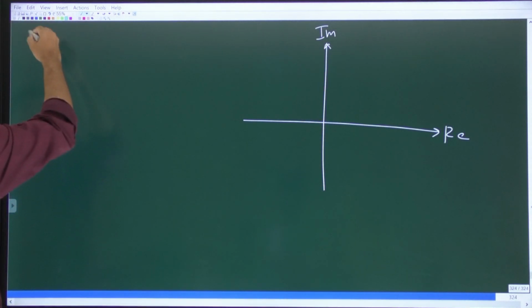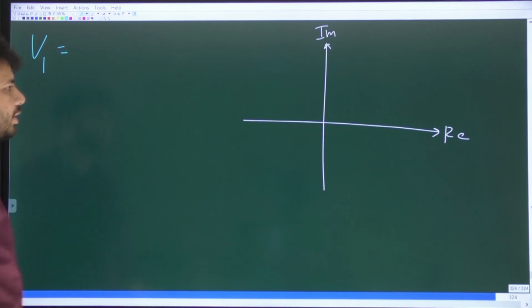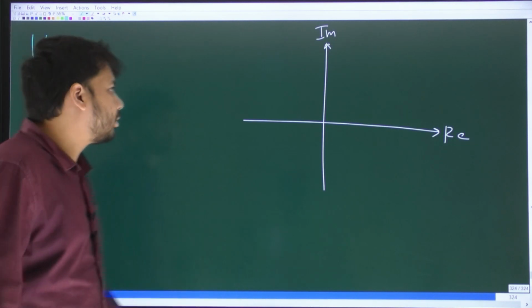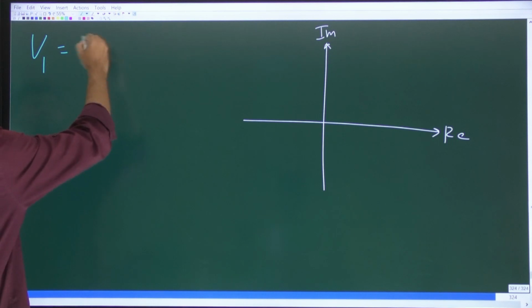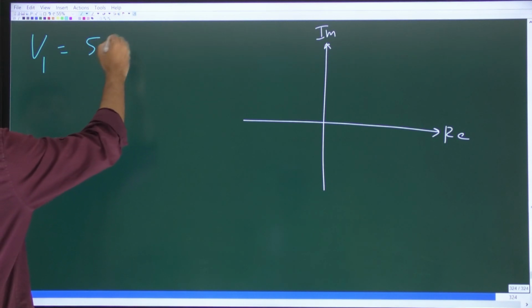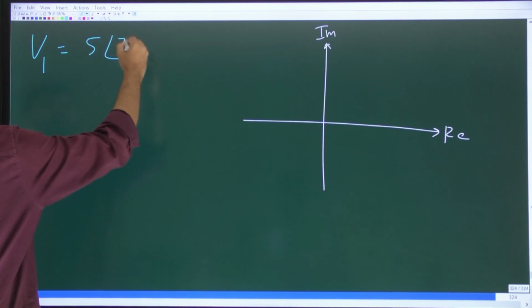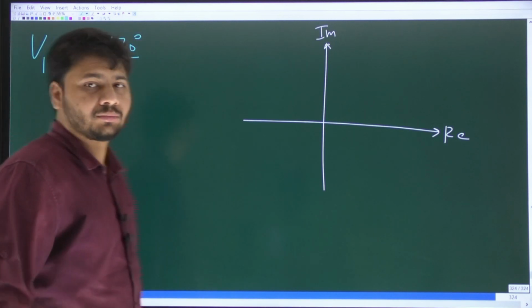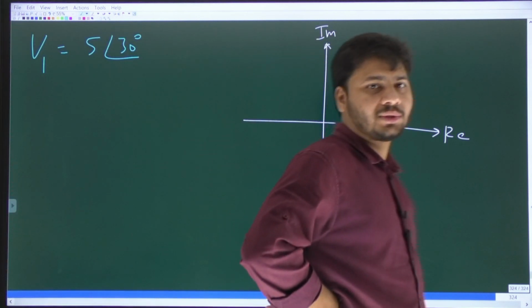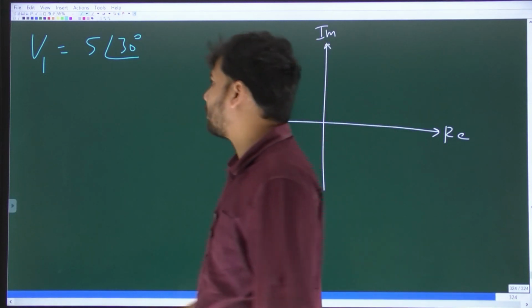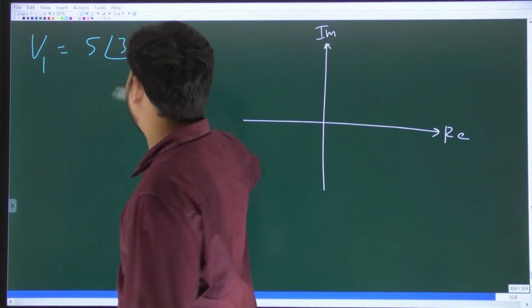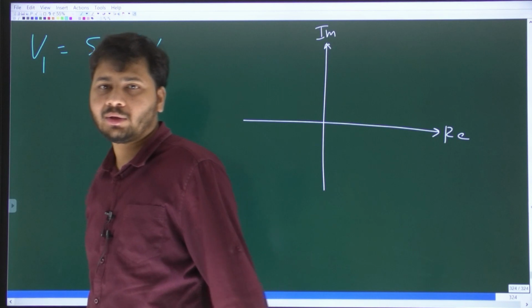Now, let's say we have a phasor voltage V1 which is 5 at an angle 30 degrees. Whenever I say phasor voltage, I should also write the units.